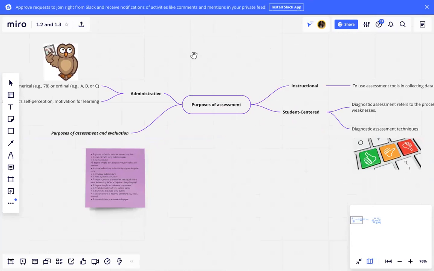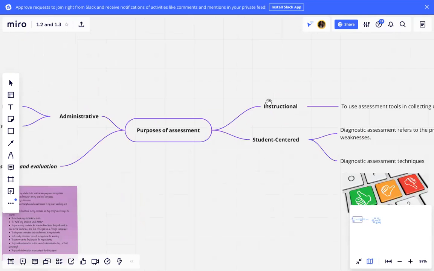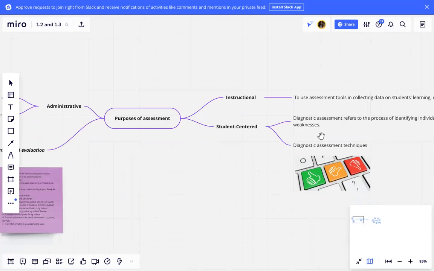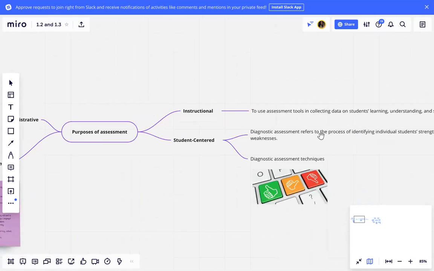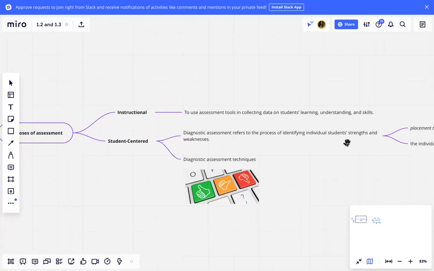The first one is the instructional purpose. This purpose requires teachers to use assessment tools in collecting data on students' learning.